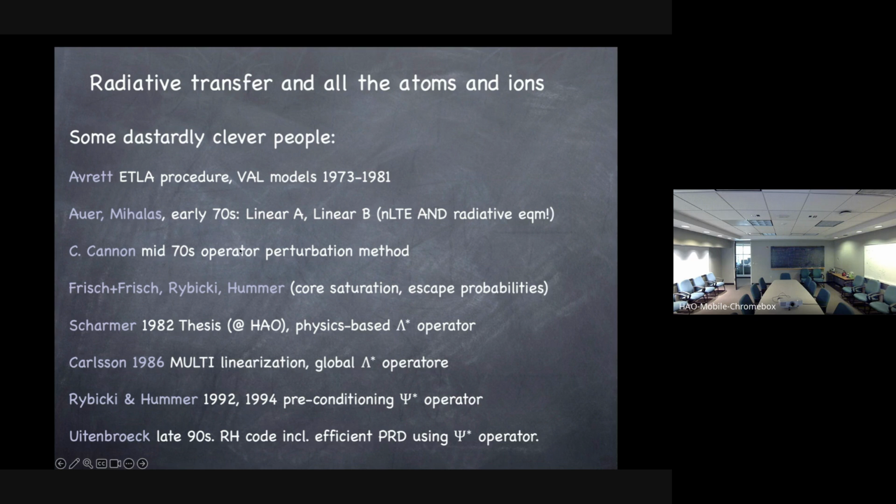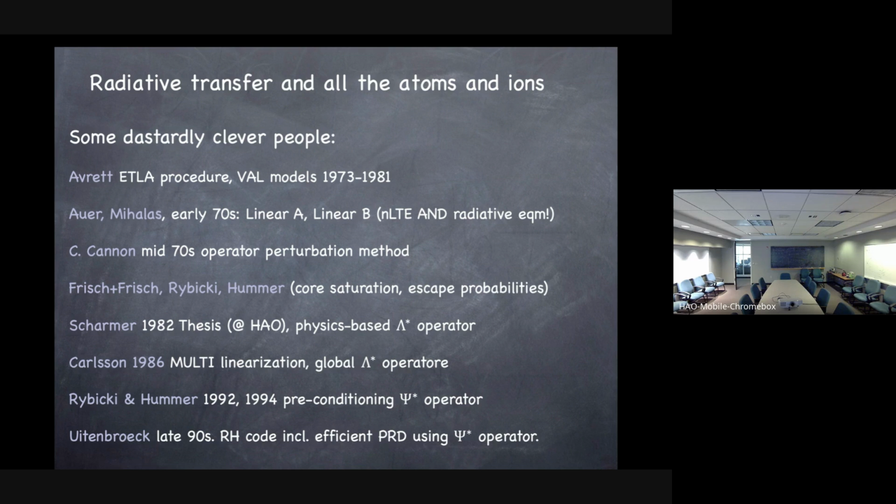In the mid-70s, a chap called Chris Cannon in Australia, who died quite young, unfortunately, I think in his 40s, part of the solar groups that were in Australia at the time, which were very, very strong, came up with essentially what I talked about earlier, which is this scheme where you split the operator perturbation.